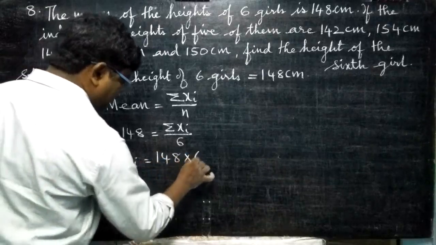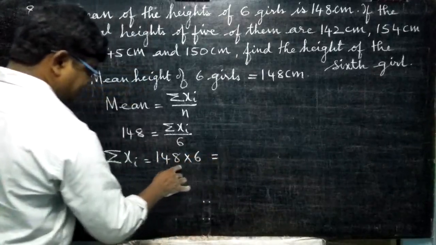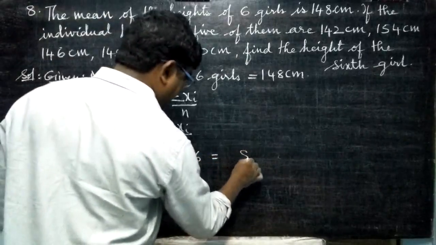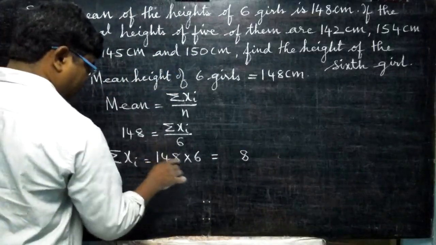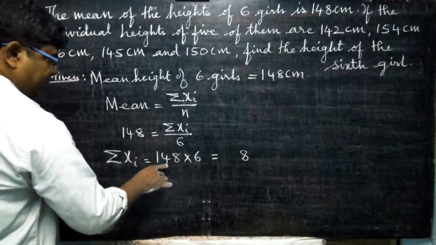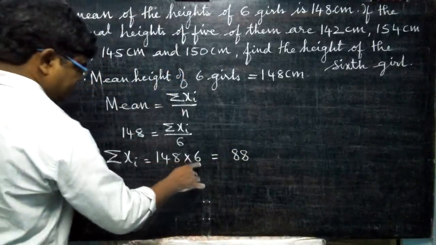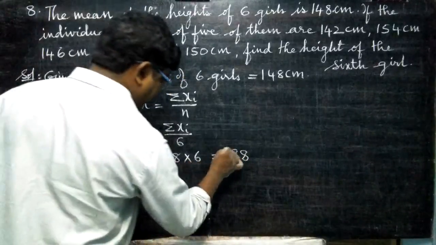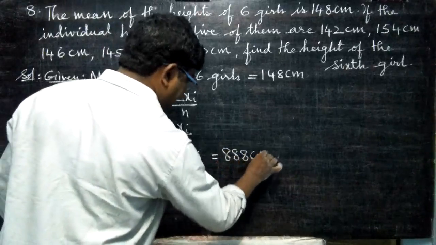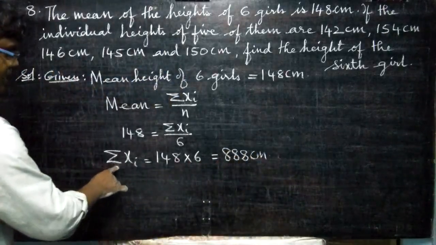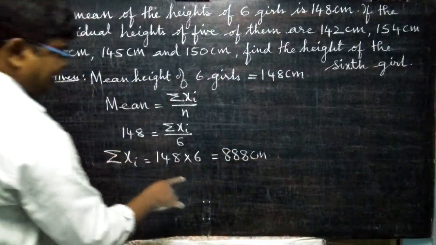148 into 6. 6 8s are 48. 8, 4. 6 4s are 24 plus 4, 28. 8, here 2. 6 1s are 6. 6 plus 2, 8. So sigma means total height of 6 girls.